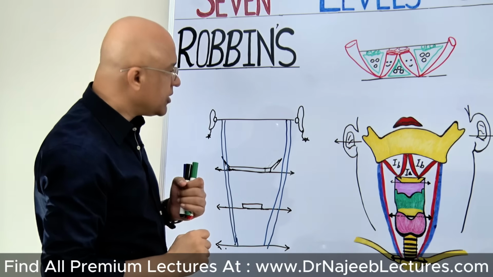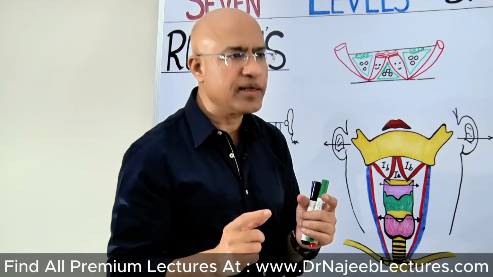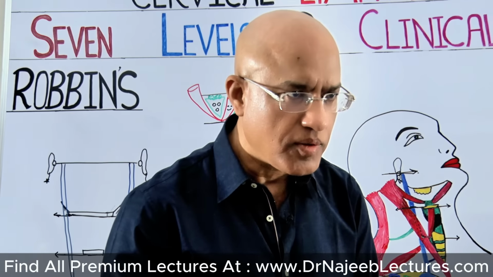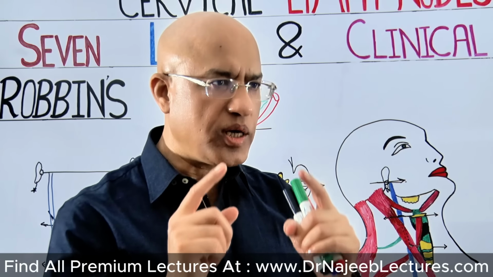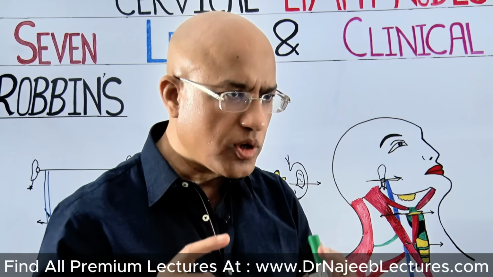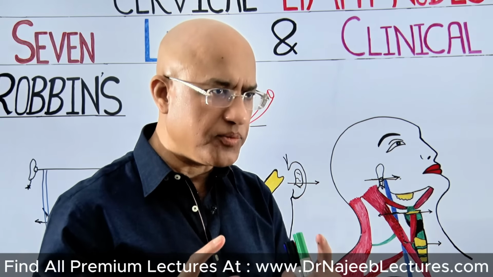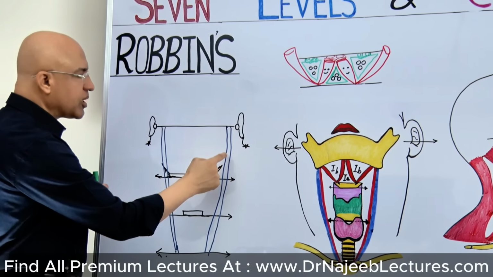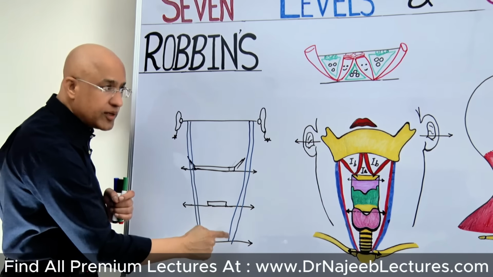In the neck, the internal jugular vein is present within the carotid sheath, right? The carotid sheath has the carotid artery, the internal jugular vein and some important nerves. Right now we are focusing on the internal jugular vein.